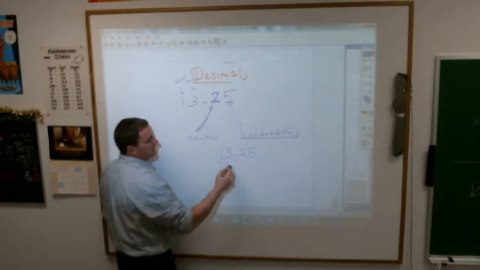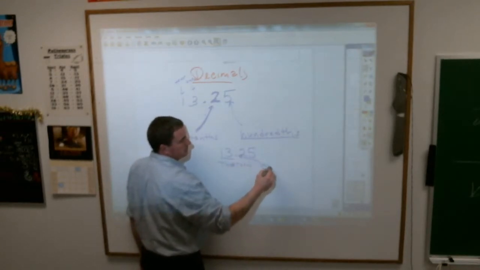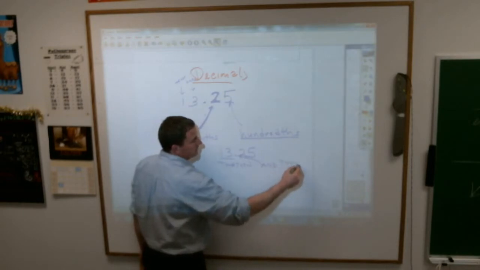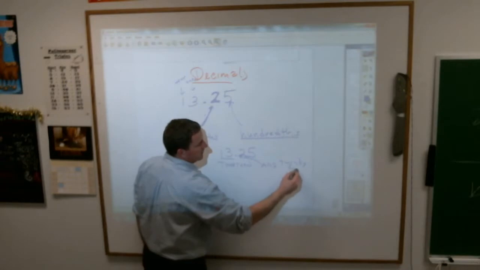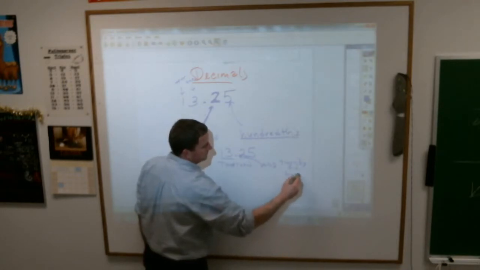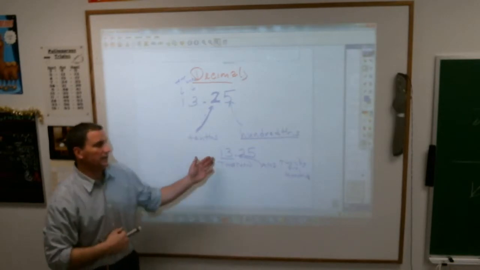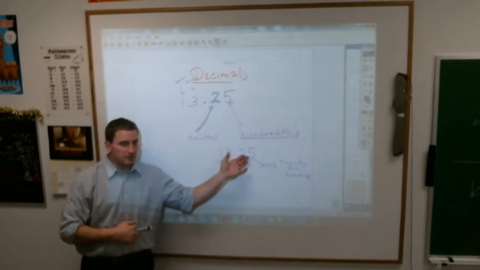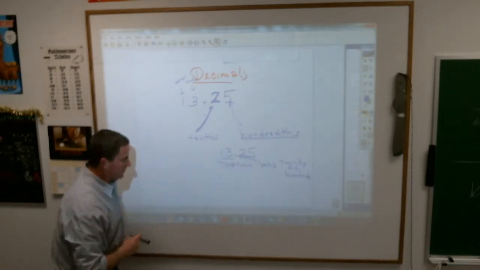Very good. The decimal point is the word and, and then this part over here is 25 hundredths. That's how we would say that. Or in money, we call it $13.25. Well, a cent means a hundredth, so it's really kind of the same thing, 13 and 25 hundredths there.